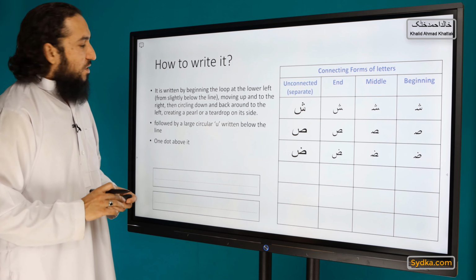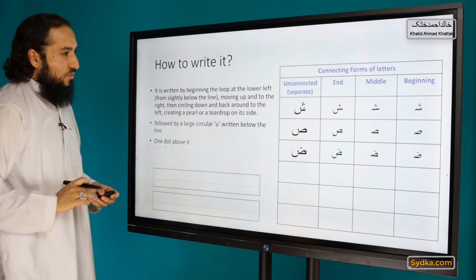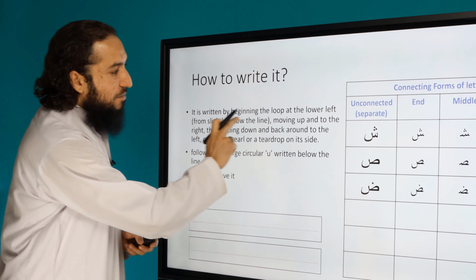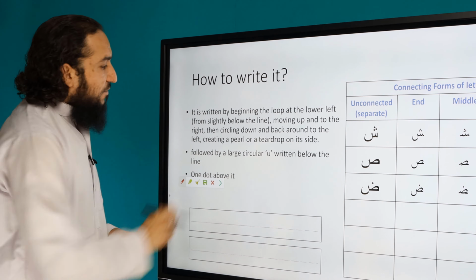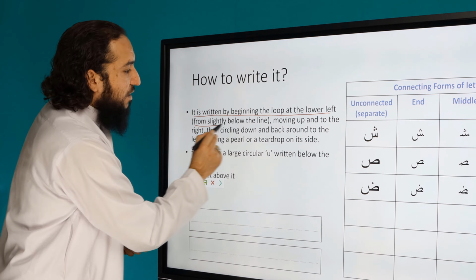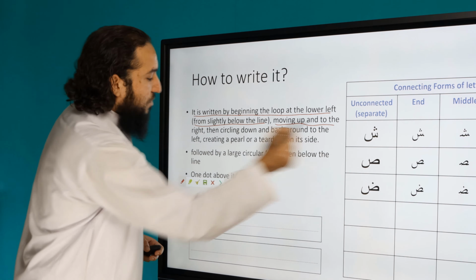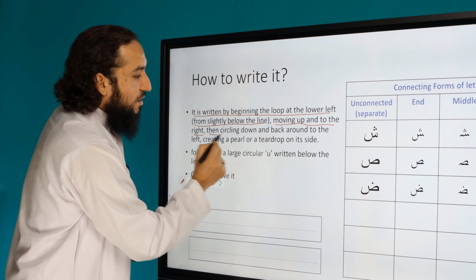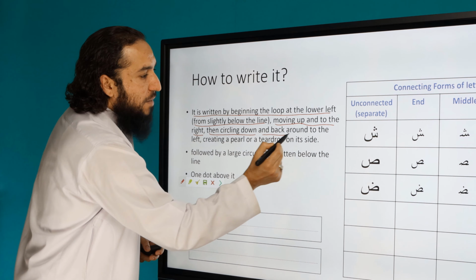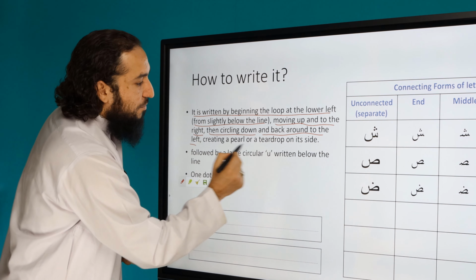So how is it written? Let me explain it and write it down. It is written by beginning the loop at the lower left, from slightly below the line, moving up and to the right, then circling down and back around to the left, creating a pearl or teardrop.